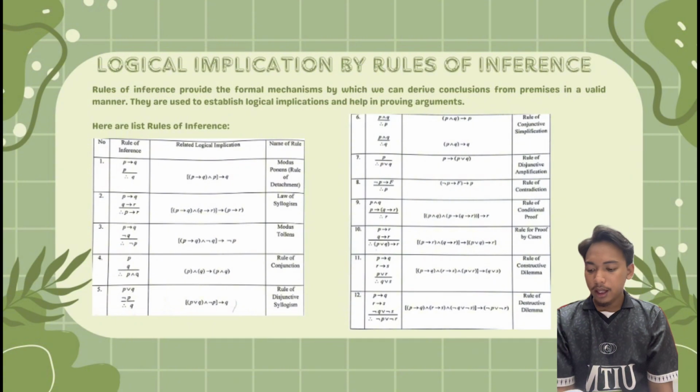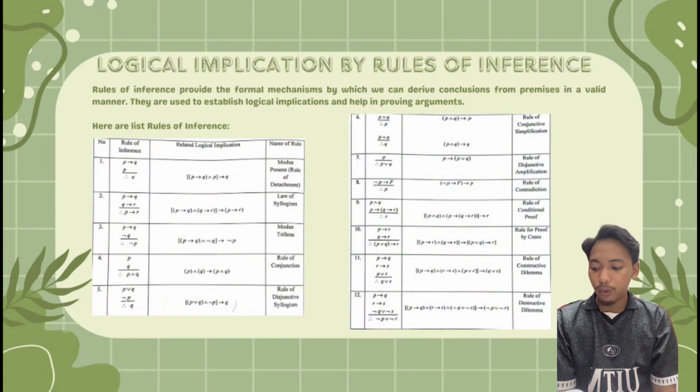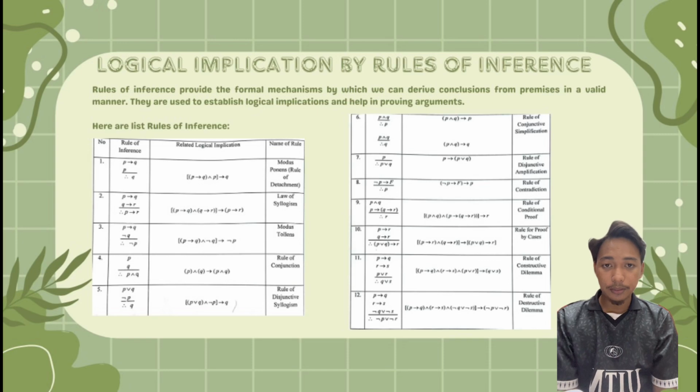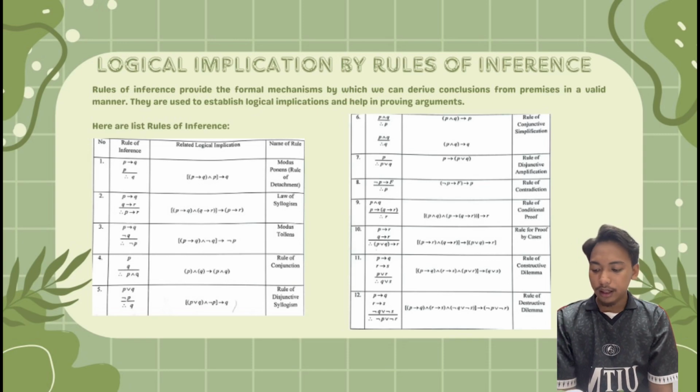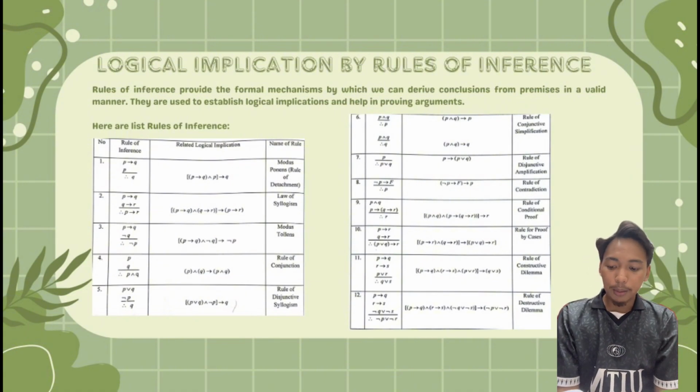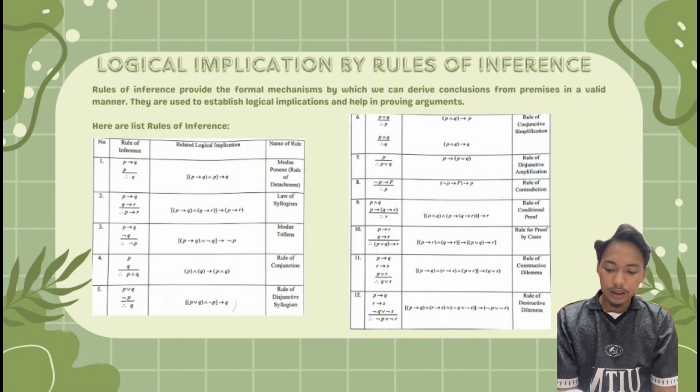After that, P implies Q and not Q, we can simplify as not P, and the name of the rule is modus tollens. After that, if P and Q, we can combine them and get P and Q, and the name of the rule is rule of conjunction.